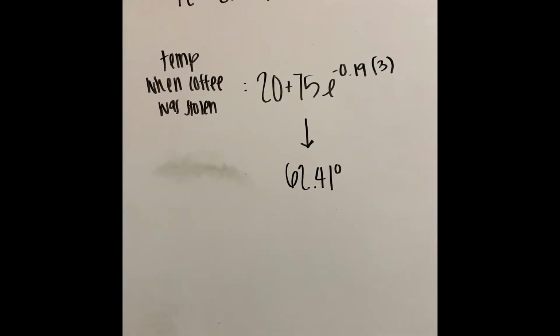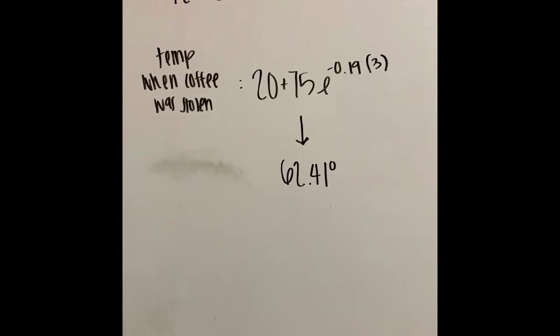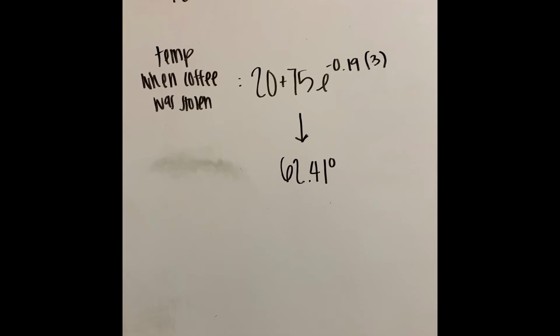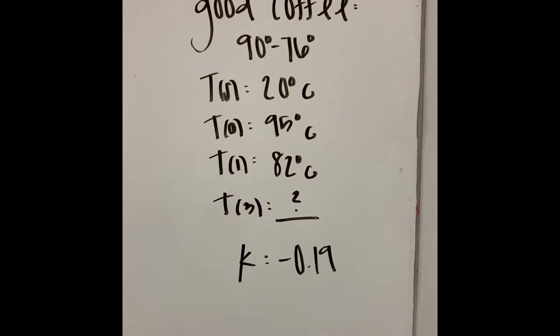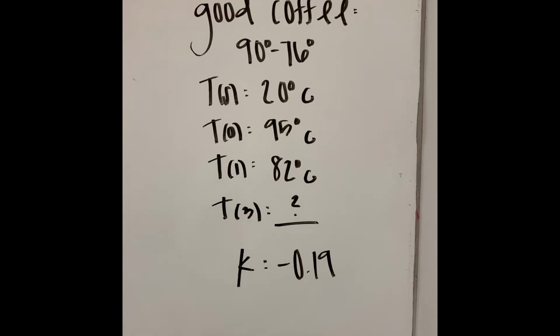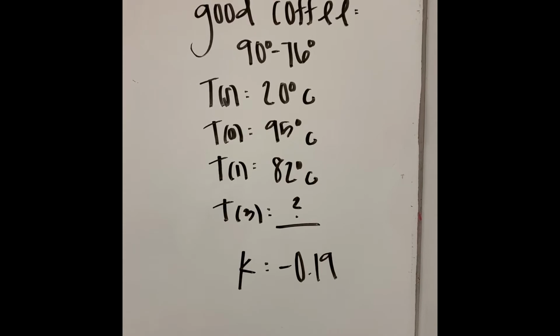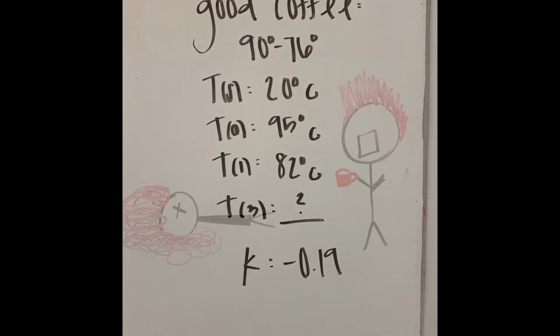When you enter all of this information into your calculator, it will equal 62.41 degrees Celsius. We know that Jim's 62.41 degrees Celsius coffee is out of Kim's good coffee range. So we know he got a bad cup of coffee.